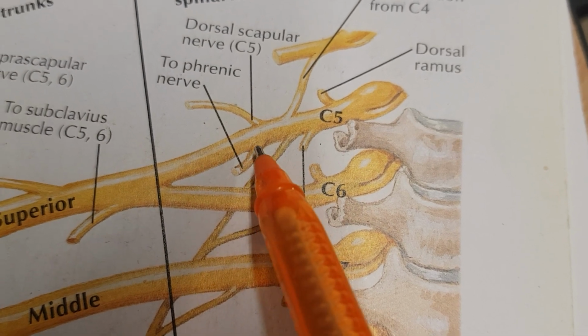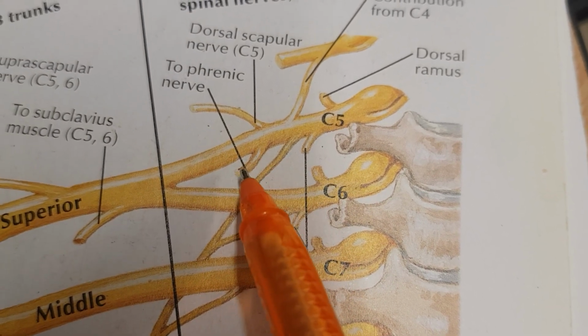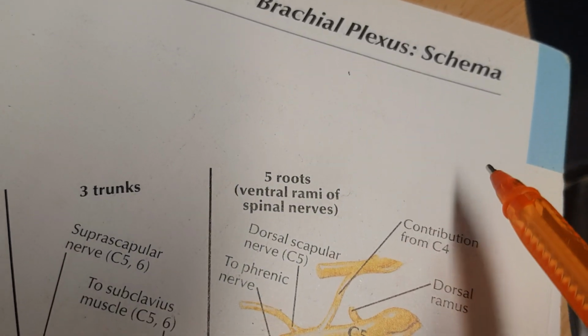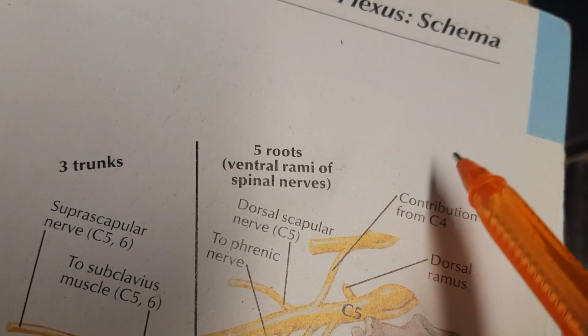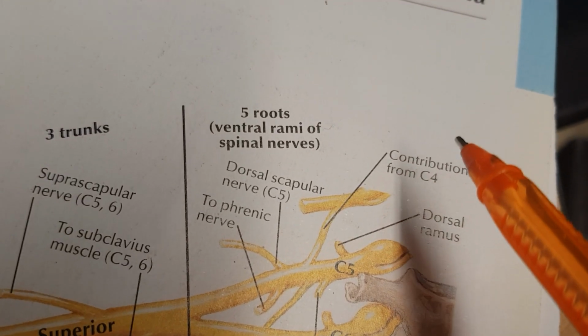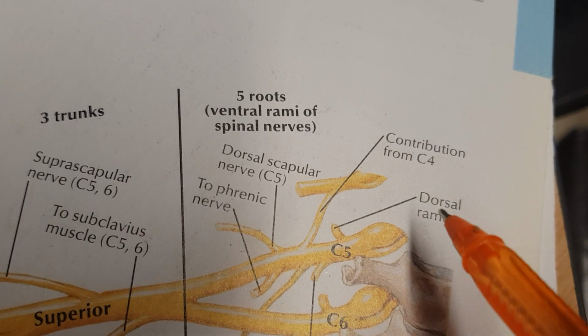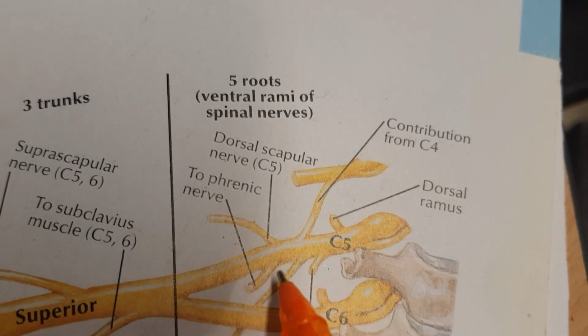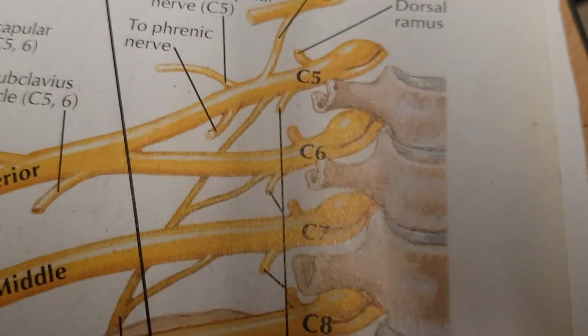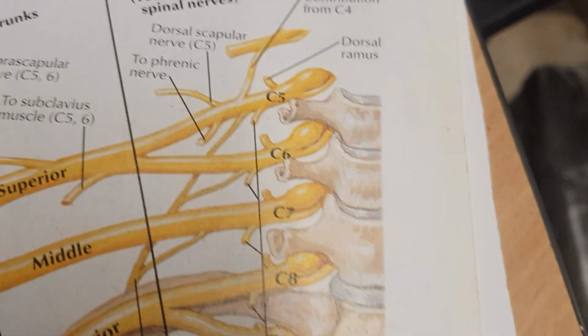The other branch is to join the phrenic nerve. The phrenic nerve is actually from the cervical plexus. Actually, the phrenic nerve is supplied by nerve roots 2, 3, and 4. So this part is going to join the phrenic nerve. The phrenic nerve will supply the diaphragm.